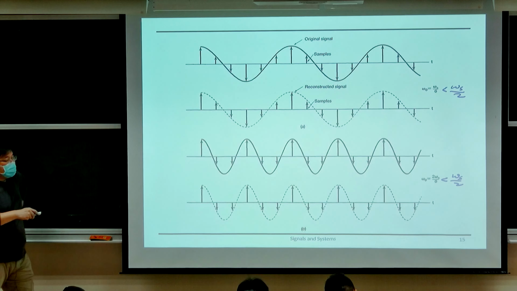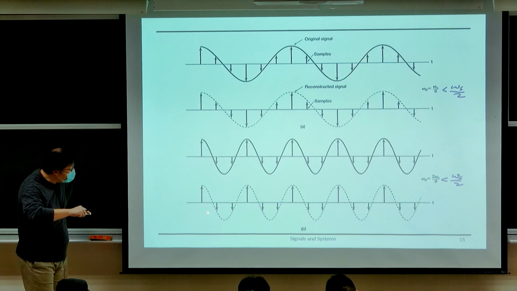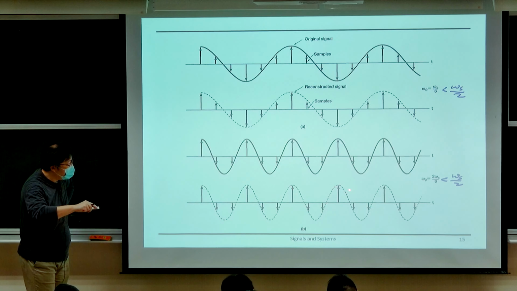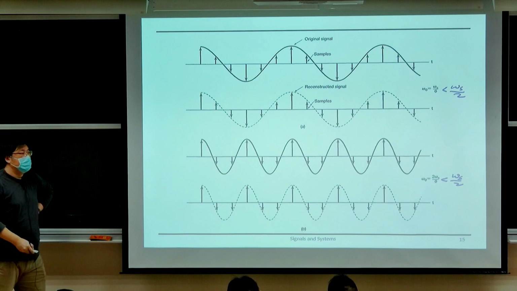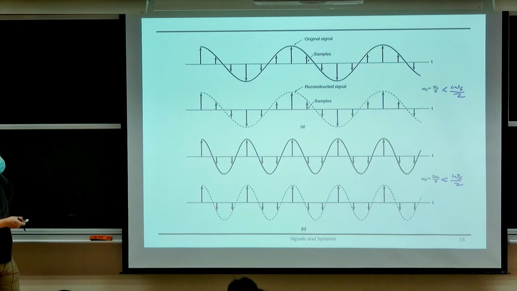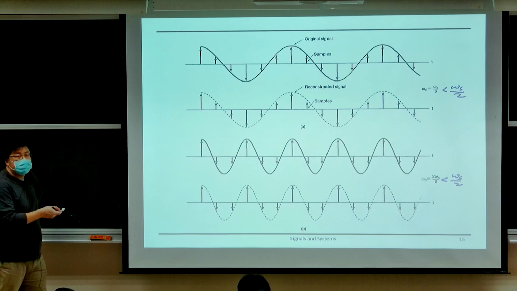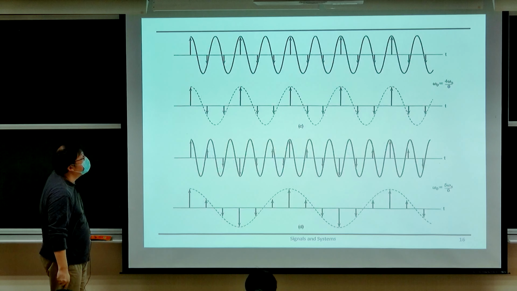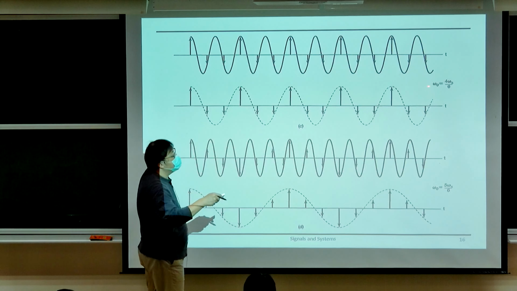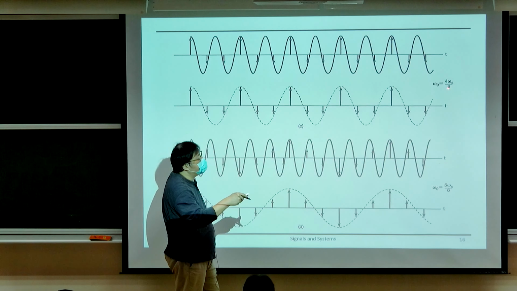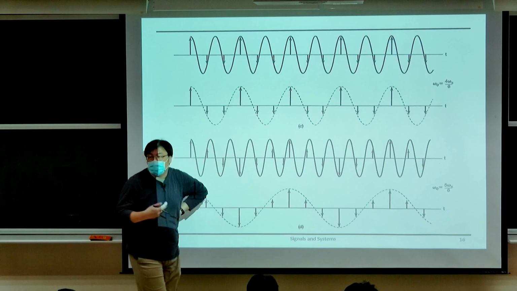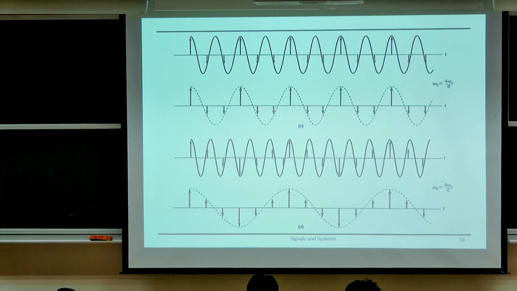So after low-pass filtering, you can again get back this same sinusoid. But now, if you increase omega naught further, suppose you increase omega naught to 4 omega s over 6, which is greater than omega s over 2.